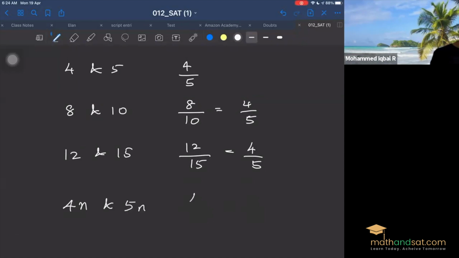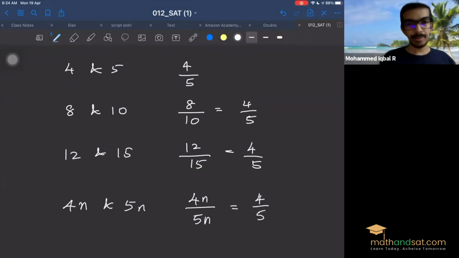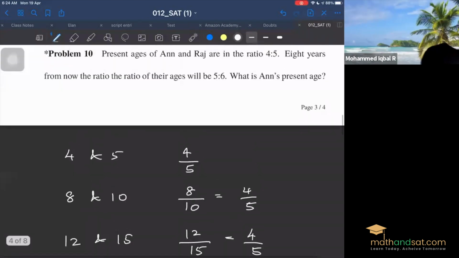Now the ratio will be 4n over 5n, which is again 4/5. Is that all right? Yes. Okay. Now it's easy.